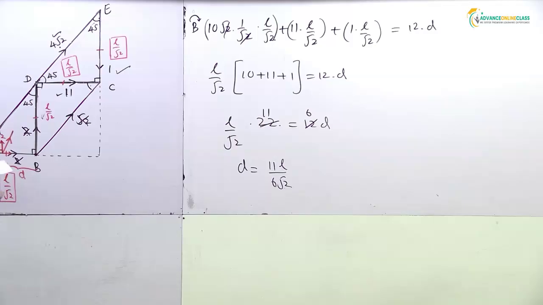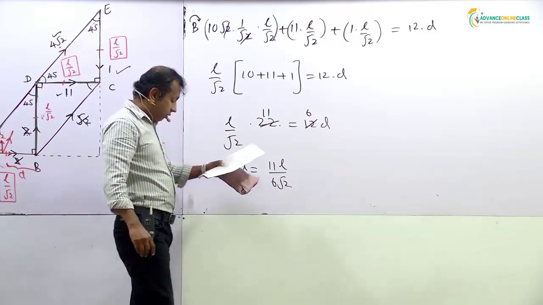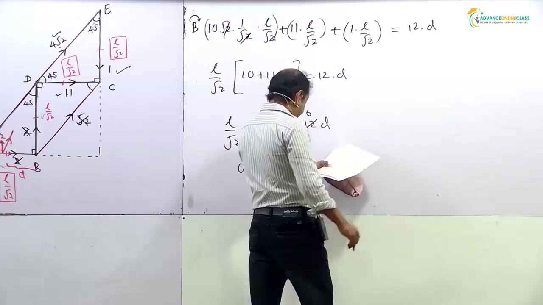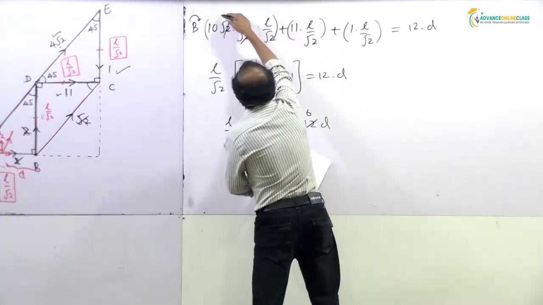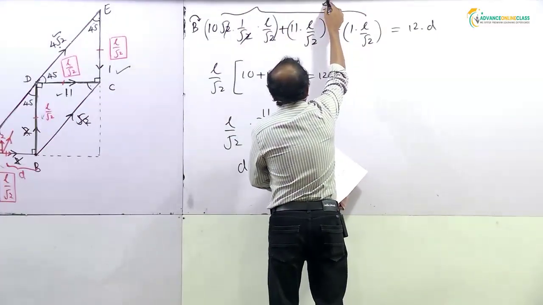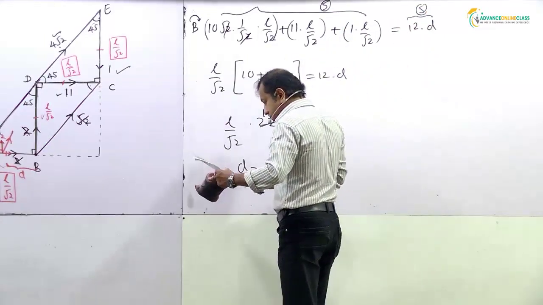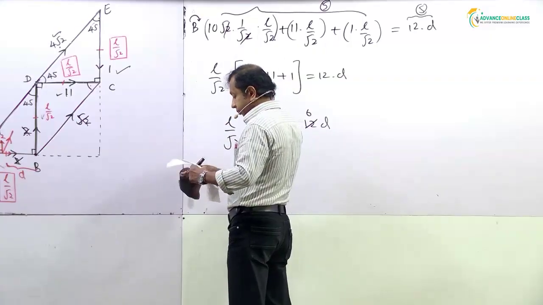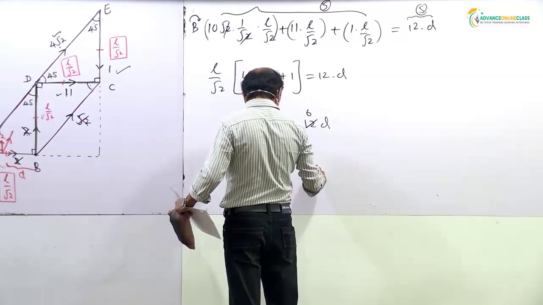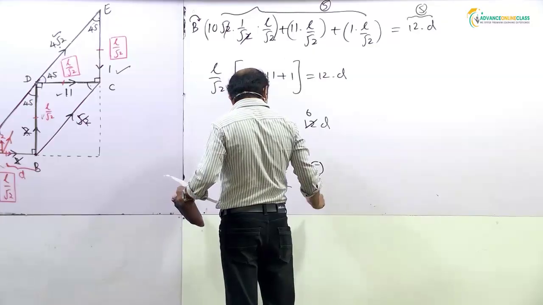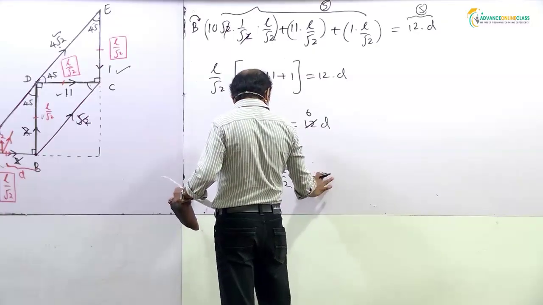Yeah, for this moment equation also, 5 marks given. The left hand side, whole thing 5 marks. Right hand side, 5 marks. This is 5 marks. Right. So this must be written in words.